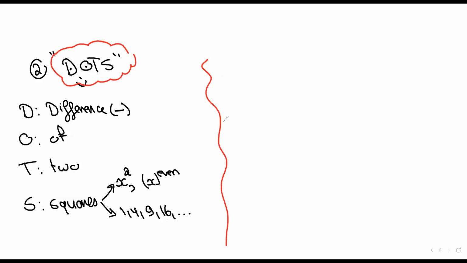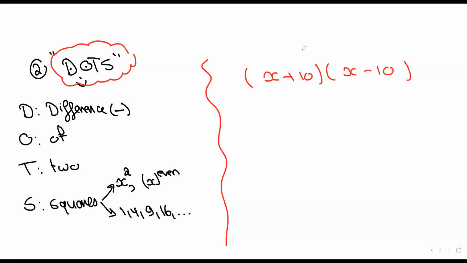When we discussed expanding before, we discussed the expansion of these brackets, x plus 10 and x minus 10. And if you remember, we said that these brackets are called almost same brackets because, as you can see, the only difference between these two brackets is the sign.